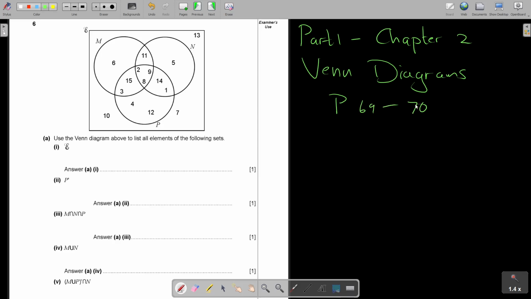Okay, but let's go. Use the Venn diagram above to list all the elements of the following set. Now, just be careful. Just make sure that you didn't leave any out. So the best will be to first check if you see all the numbers. 1, 2, 3, 4, 5, 6, 7, 8, 9, 10, 11, 12, 13, let's see, where is 13?